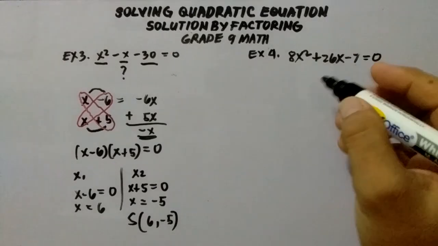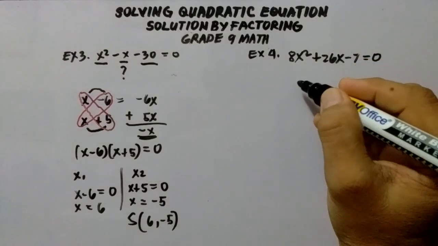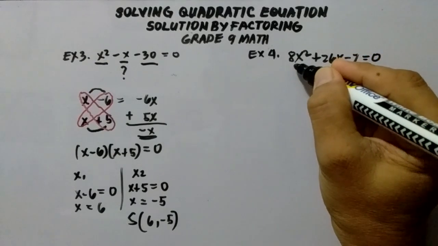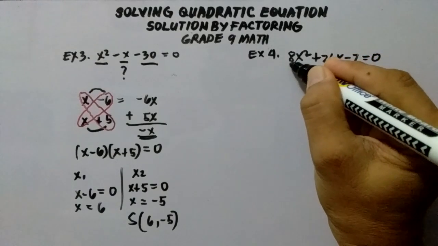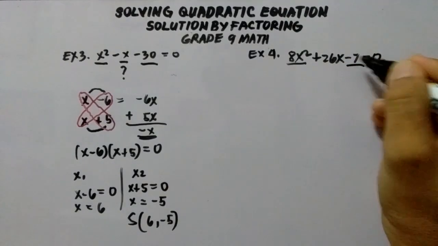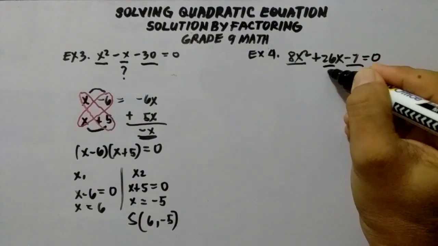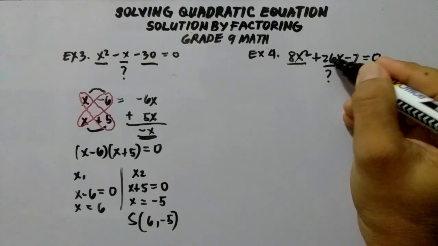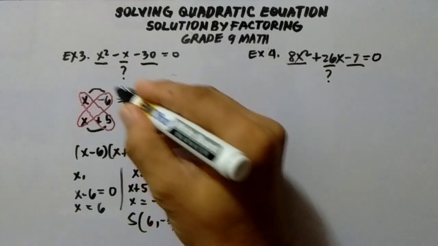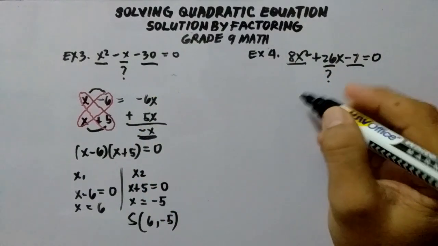Okay? So, let's have our solution. So, ang una po natin gagawin is to get the factors of the first term. Then, followed by the factors of the third term. So, ito po ang hahanapin natin. Positive 26x.